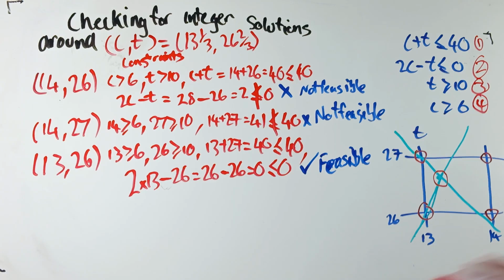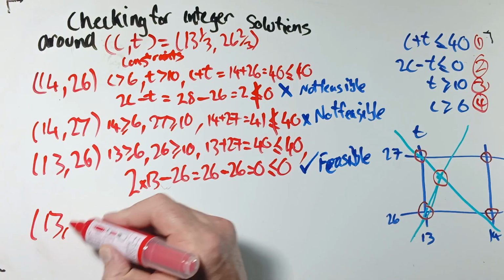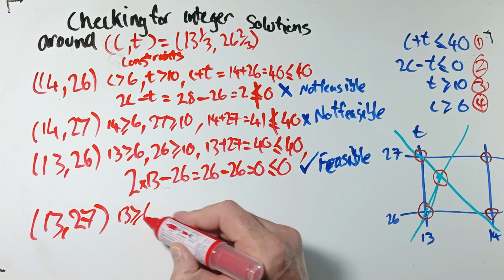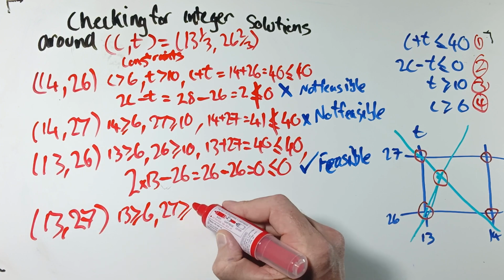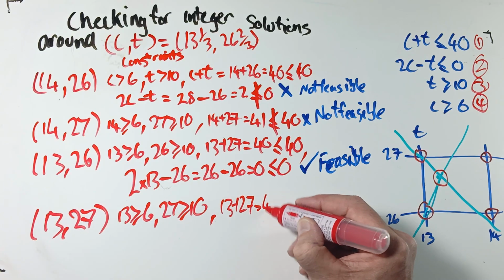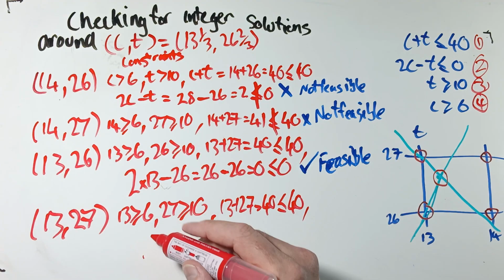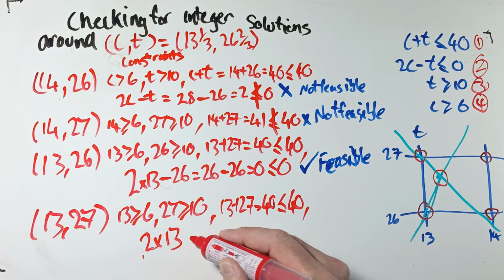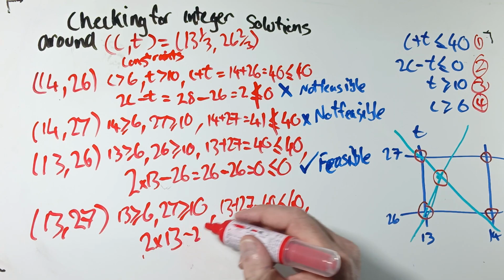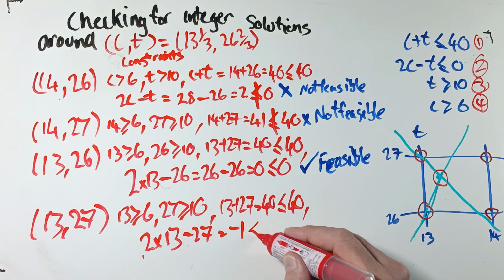This one here, last one. I've got 13 is greater than or equal to 6, 27 is greater than or equal to 10, 13 plus 27 equals 40, which is less than or equal to 40, and lastly 2 times 13 minus 27 equals -1, which is less than or equal to 0.